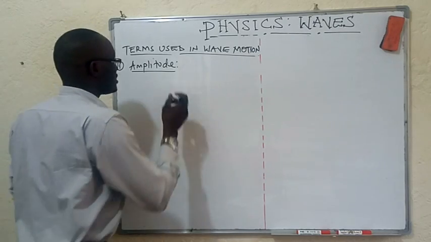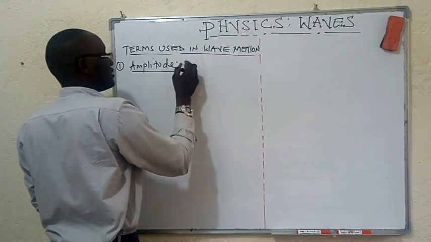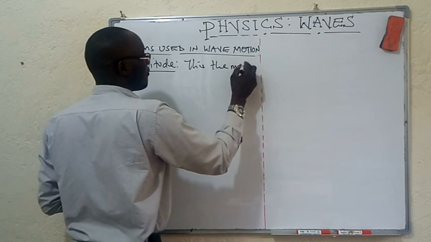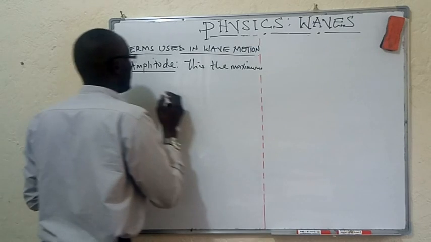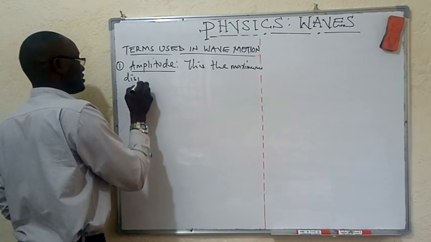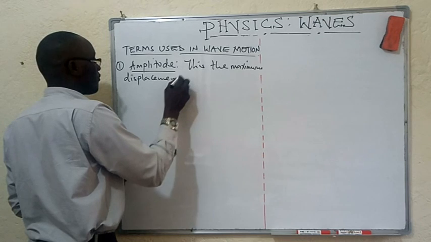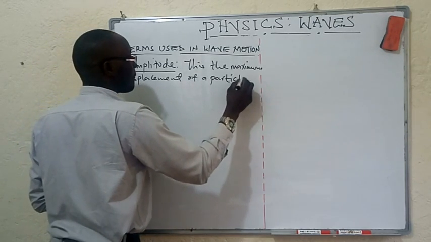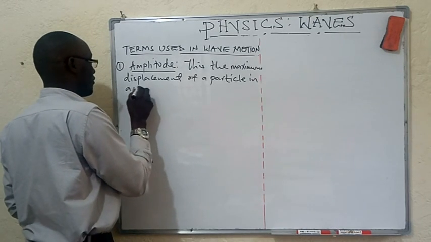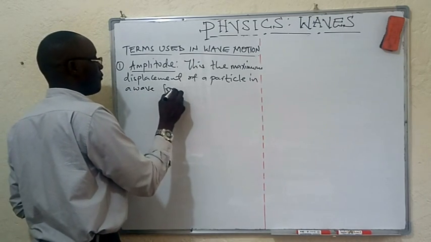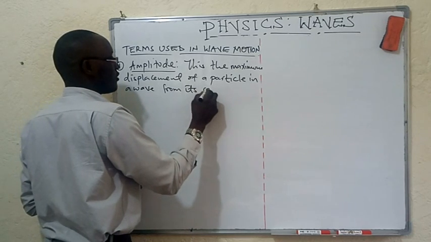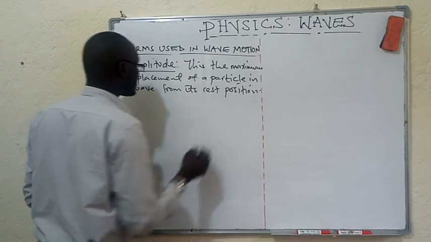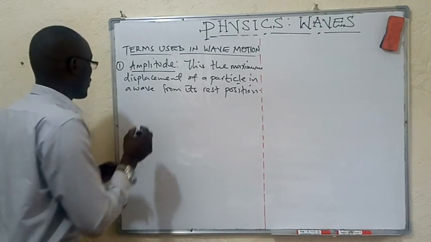So amplitude is the maximum displacement of a particle in a wave from its rest position.